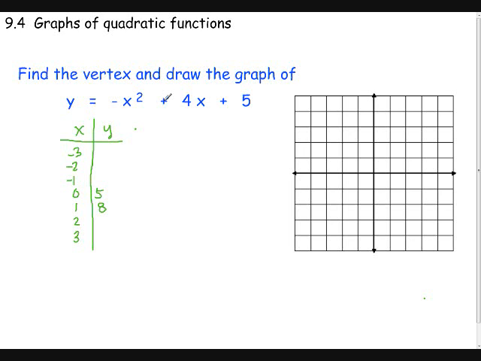I better write that down. So I'm subtracting 4, and I'm adding 2 times 4. I'm adding 5. So I've got positive 13, and -4, so that's a 9.